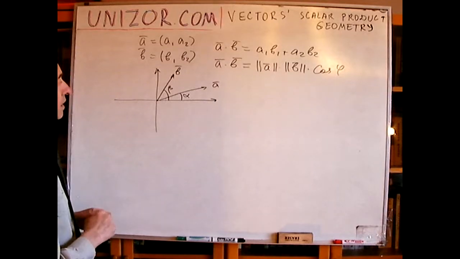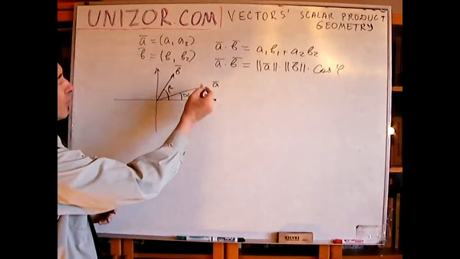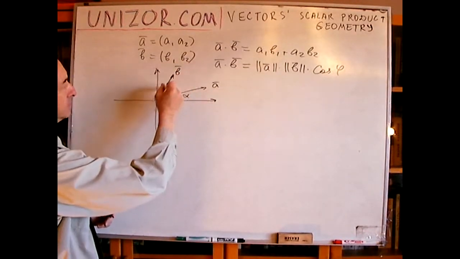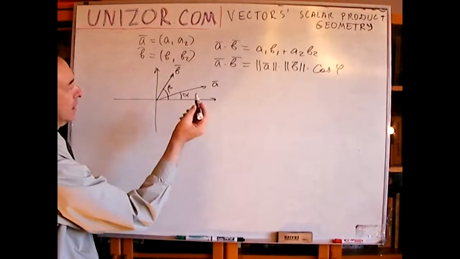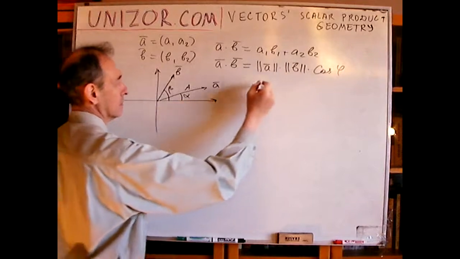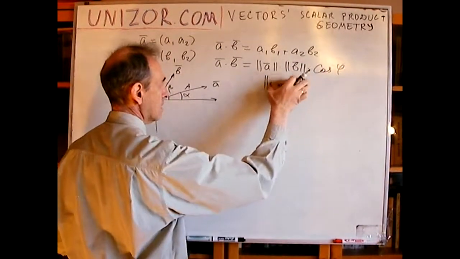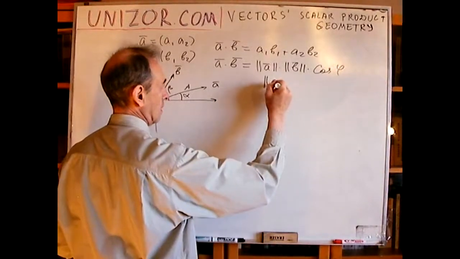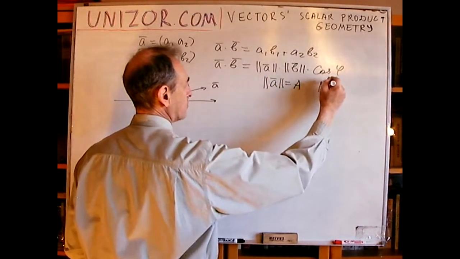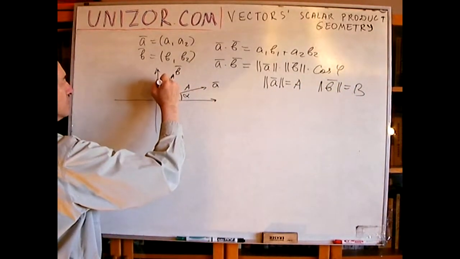Now, I can express coordinates in terms of lengths and angles. How? Very easily. Let's say the length of the vector A is A, and the length of the vector B is B.